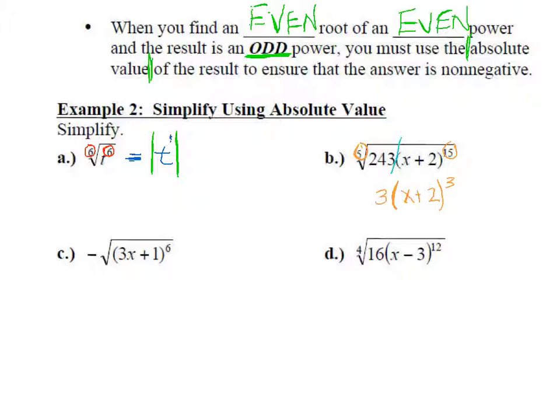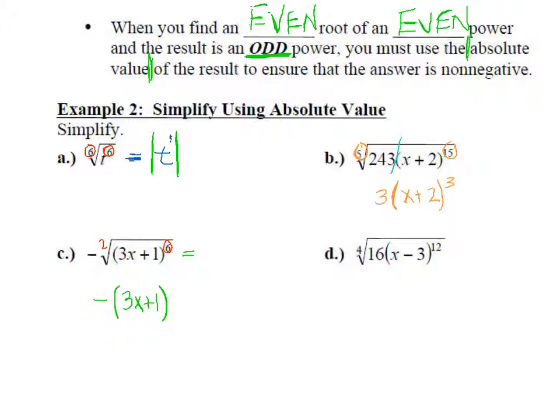On C, you have a negative out front, so you're going to have a negative in your answer. So we have a negative, and then you have parentheses of 3x plus 1, that doesn't change. Then you take the 6 on the outside, divided by 2. Well, we have an even power, and we have an even index, so that means that if our answer is odd, we will need absolute values.